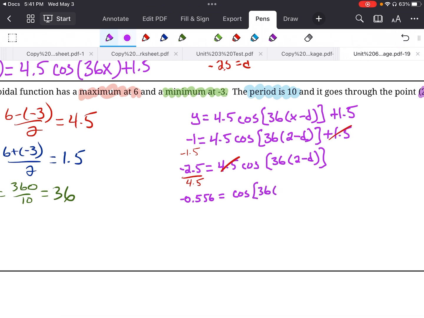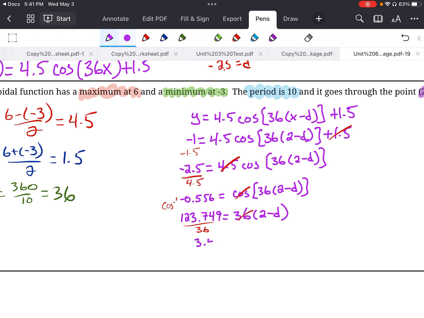We cos inverse. We don't need the brackets there. So 36 times 2 minus d. Okay, and then we'll divide by 36 to get rid of this.